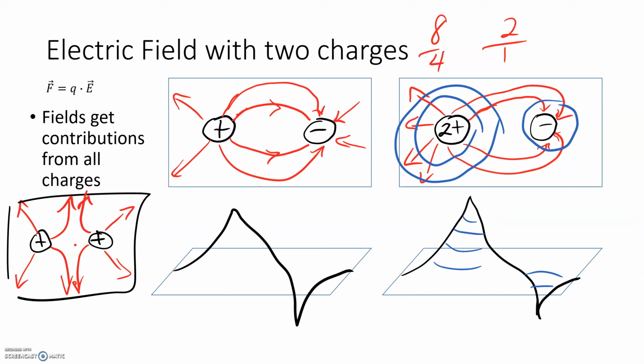And if we had multiple charges on this one, that balanced middle point would move closer to the smaller amount of charge.